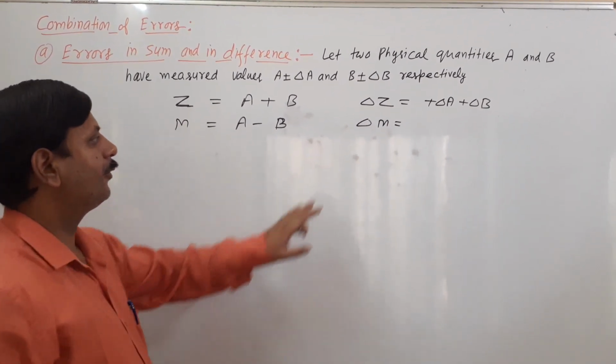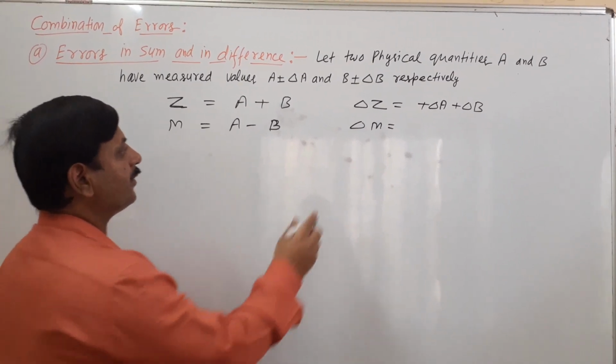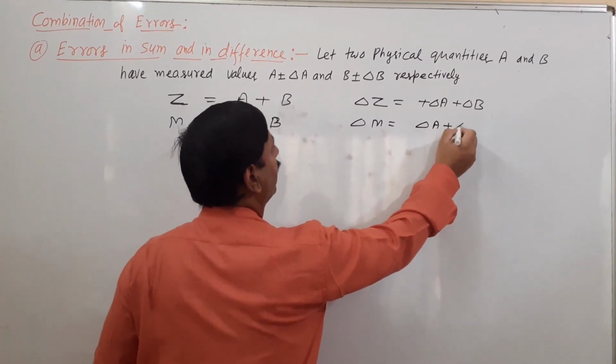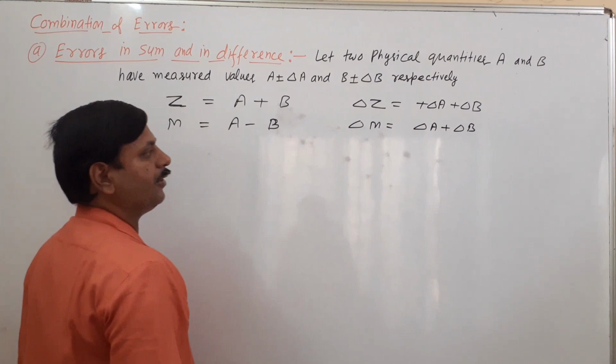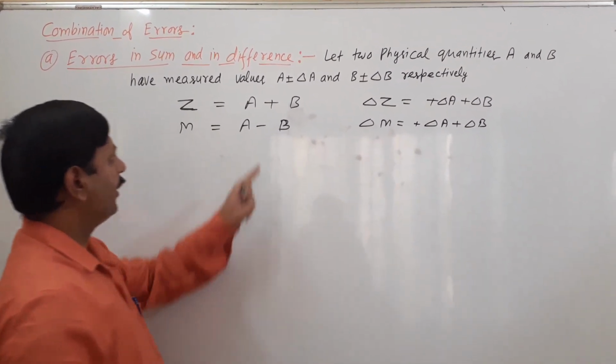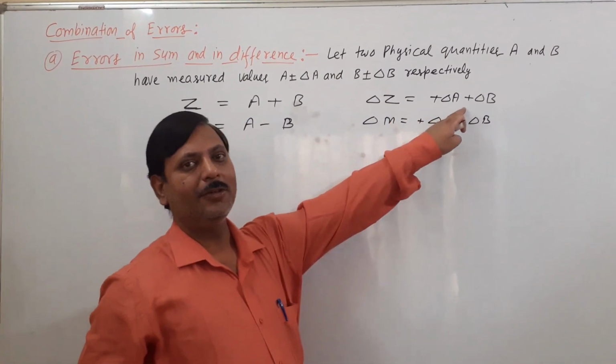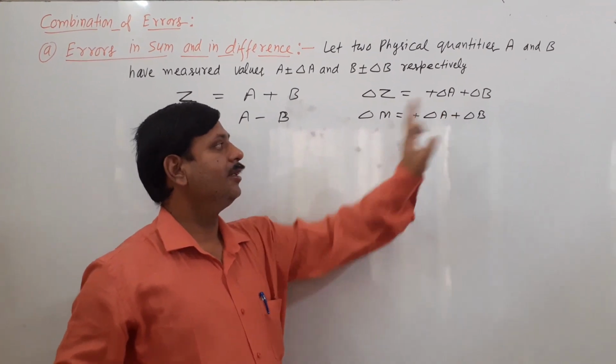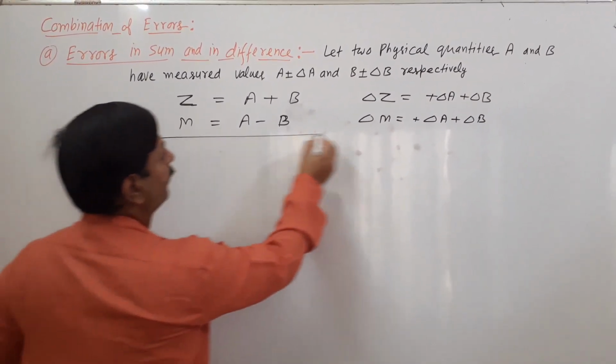At that time also the absolute error is the sum of the absolute errors of the individual physical quantities. Here it is a difference, but we have to take the maximum error, so that will be the sum. One example I am giving.